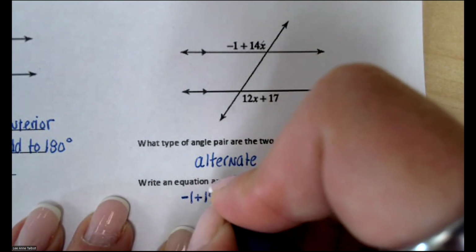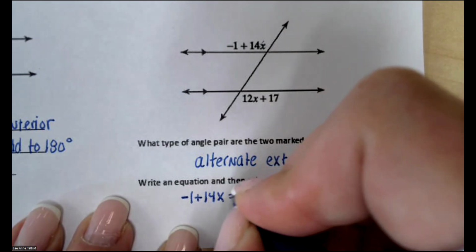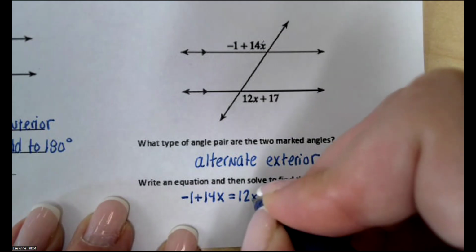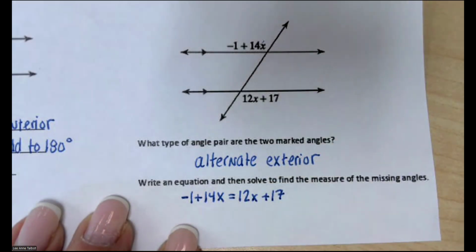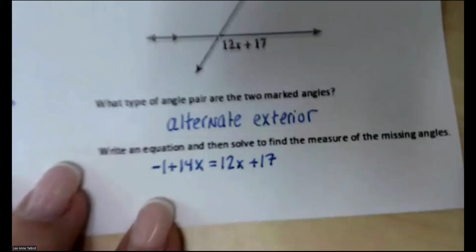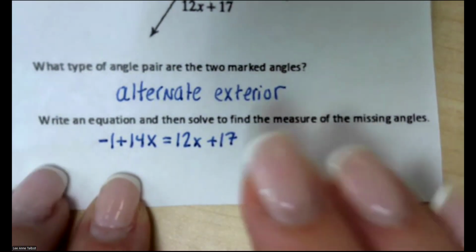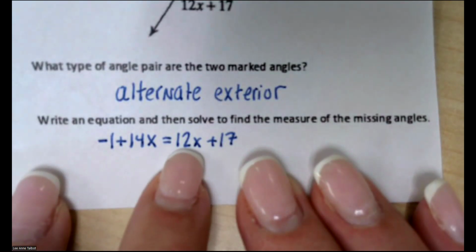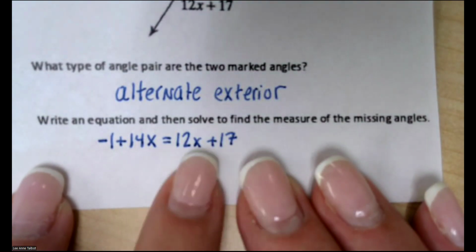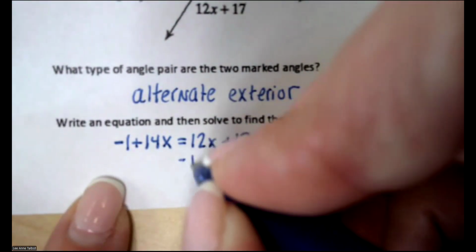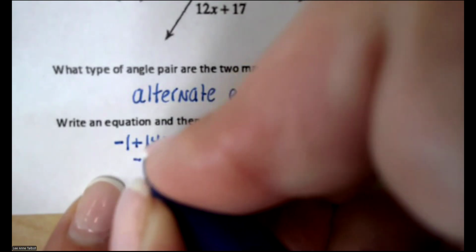-1 plus 14x equals 12x plus 17. Aren't we glad that we did that warm up today where we did one of these? Usually, I like to find the term with the letter that's the smallest and start with that one. The smallest with the letter is 12x, so I will undo that first.